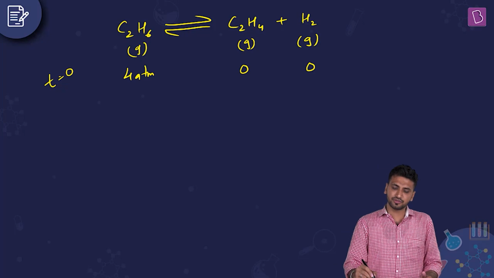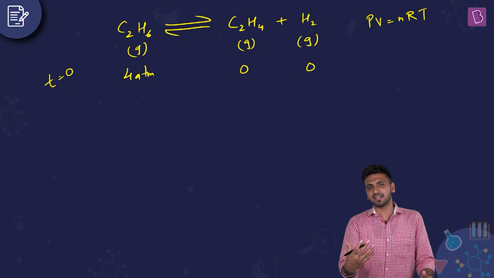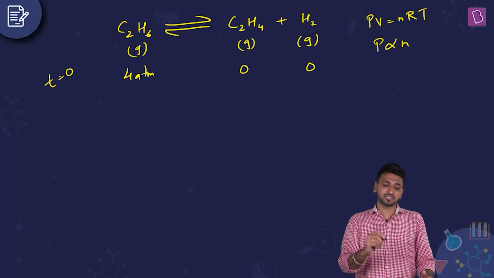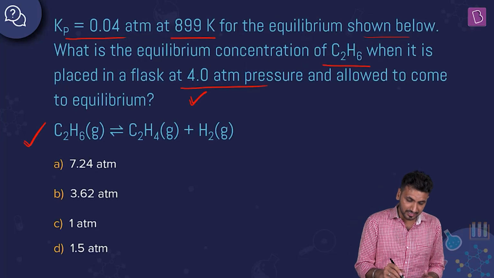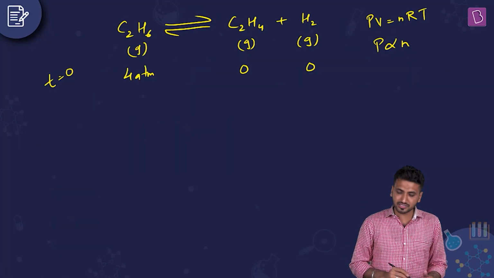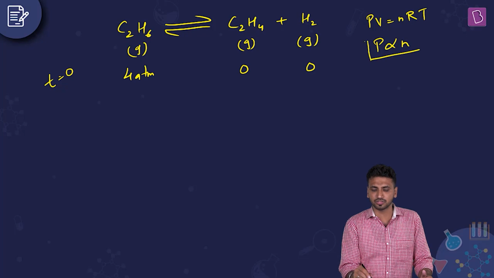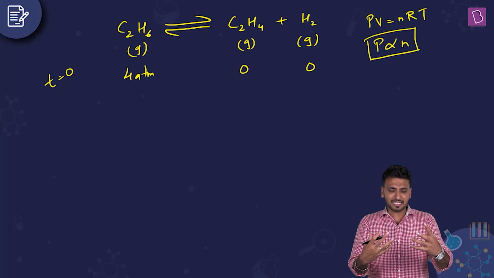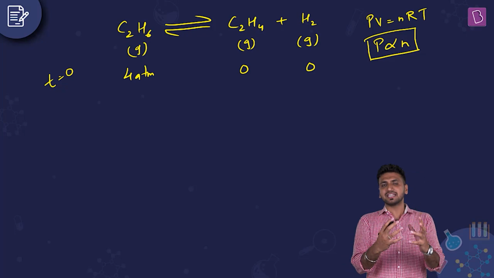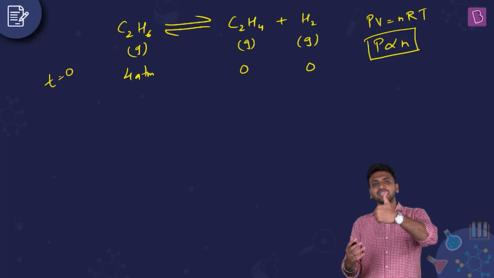From PV is equal to nRT, if I assume that the volume of the flask is constant and the temperature is constant, at 899 Kelvin fixed, then pressure is directly proportional to moles. When the reaction moves forward, let's say a moles of ethane get converted into ethene and hydrogen.